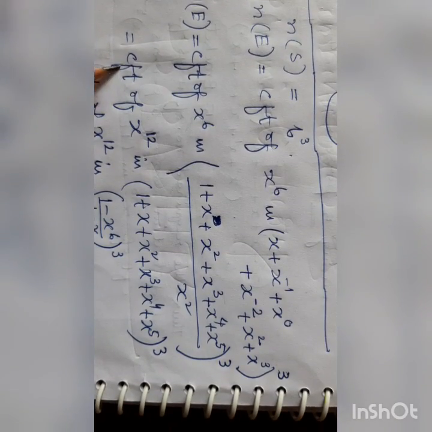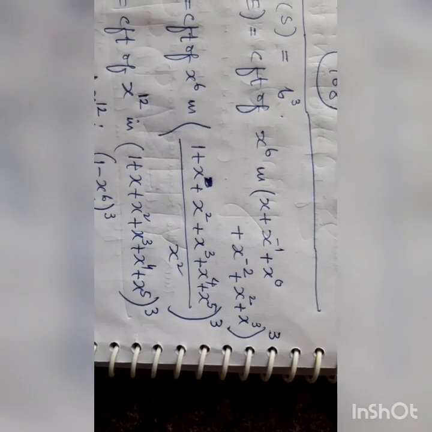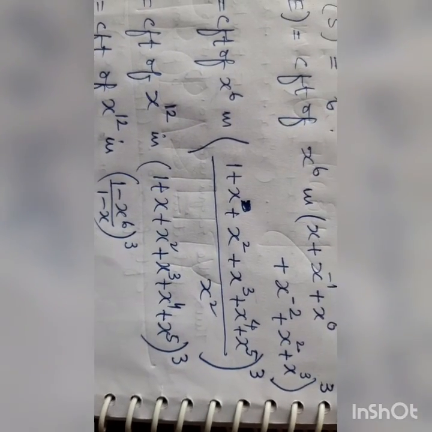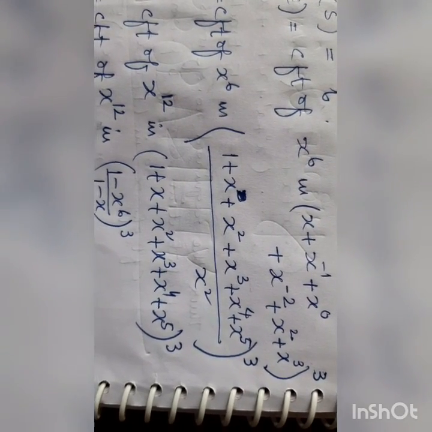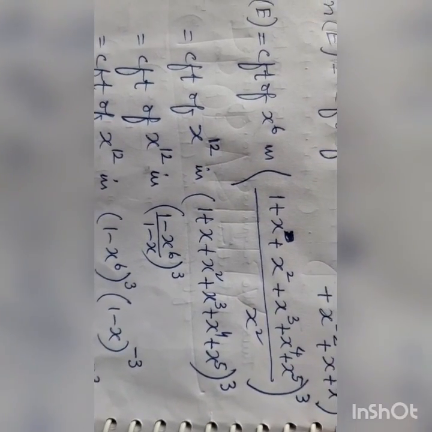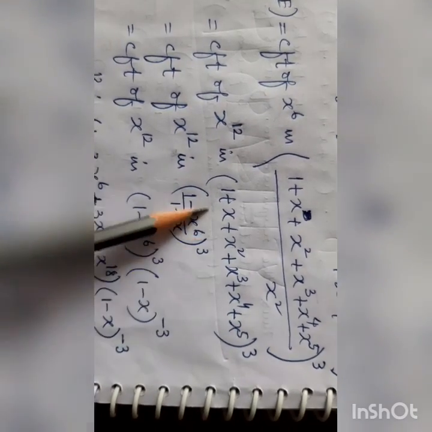That is, coefficient of x power 12 in 1 plus x plus x square plus x cube plus x power 4 plus x power 5 whole cube. Coefficient of x power 12 in, you write in binomial form.